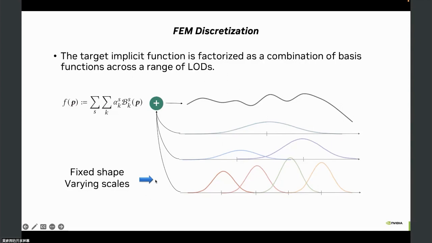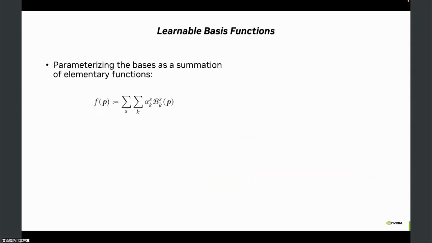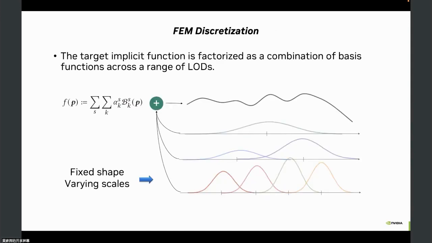They have a fixed shape, like this bell-shaped thing, but they have varying scales and, of course, varying frequency. What we do in this work is make this entire framework more flexible by introducing learnable basis functions, meaning that all of these small functions, like this blue, purple, red, or yellow function, could be learned.